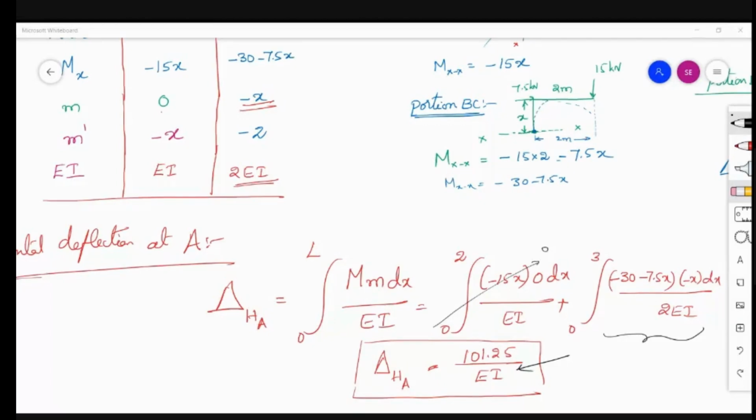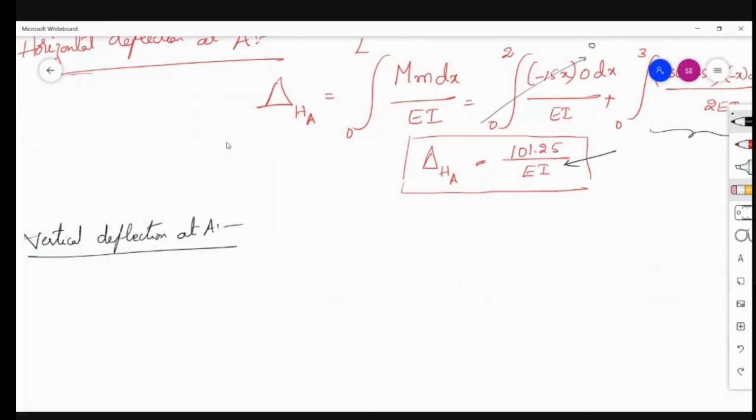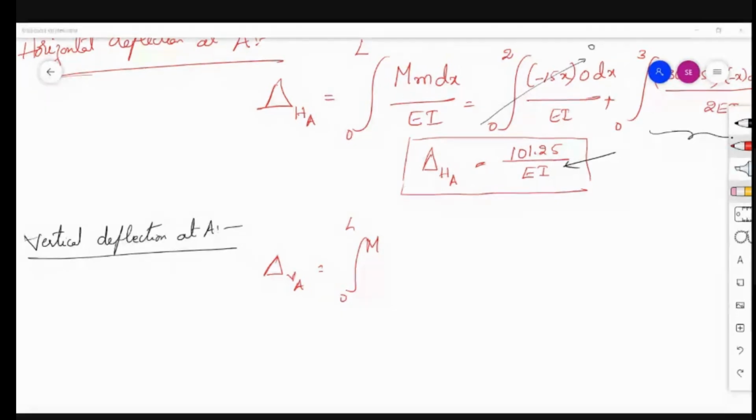Now, after completing this, go for the vertical deflection at A. The vertical deflection at A, delta VA, is the integration of 0 to L of M into, for the representation of vertical deflection, we consider it as M dash.